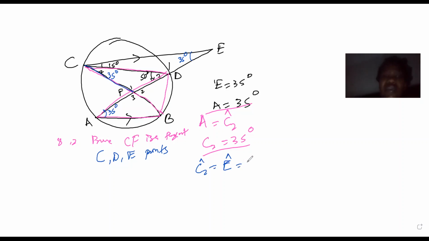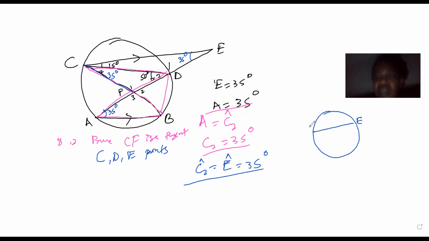Because they are both 35 degrees. Can you see that? If I were to draw a nice circle with CD here, this is E, this is D, and that tangent CF. Can you see that this is C2, this is E?